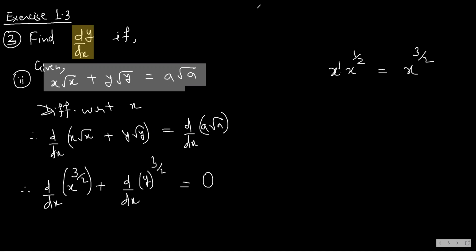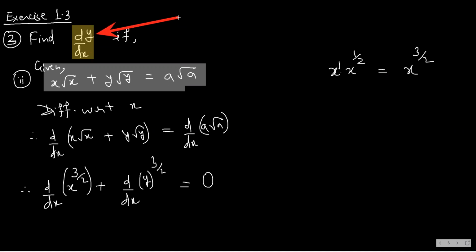Okay, if you have a question in your mind that how do I know that a root a is a constant? Okay, very simple students. Though they haven't said anything about a has to be taken as a constant, because you can check here that what we have to find is dy by dx. So that is, I have to find the derivative of y with respect to x.